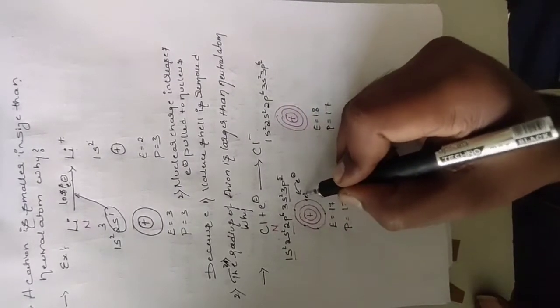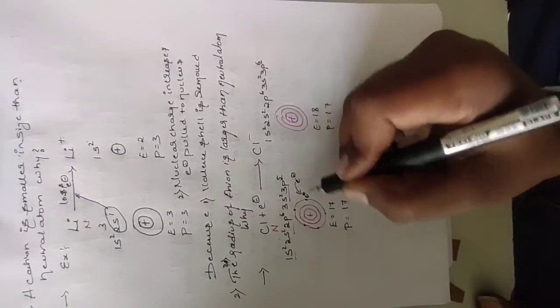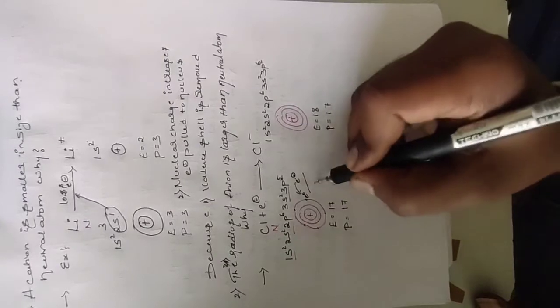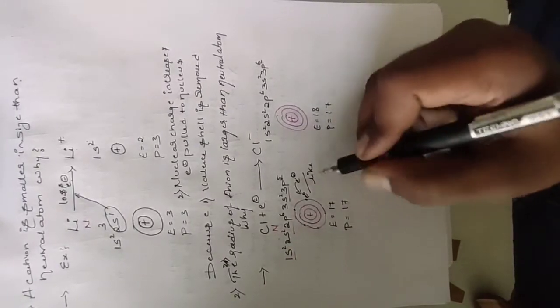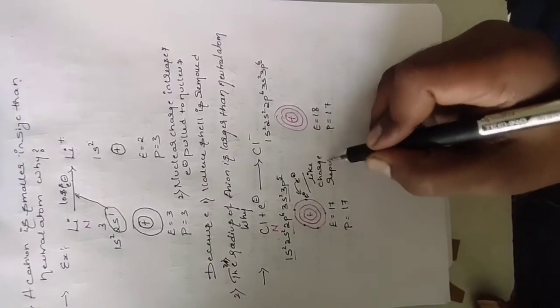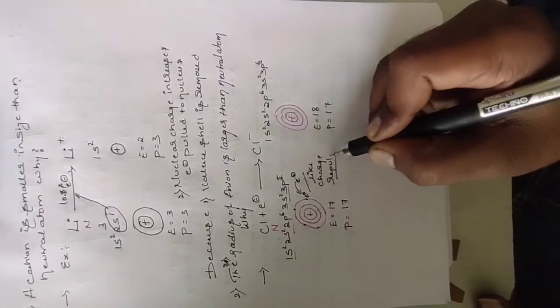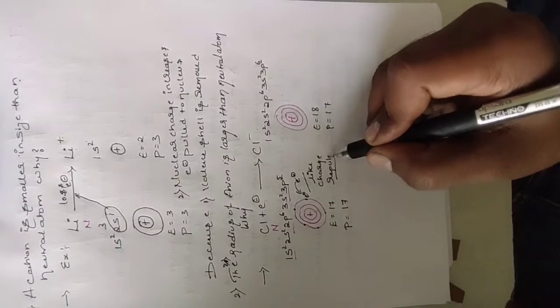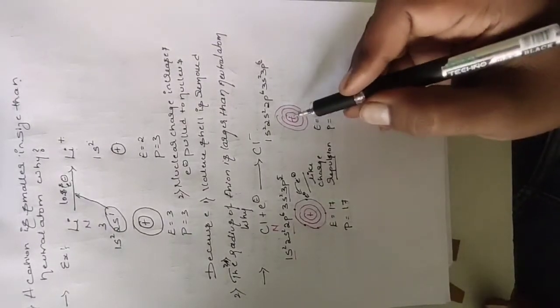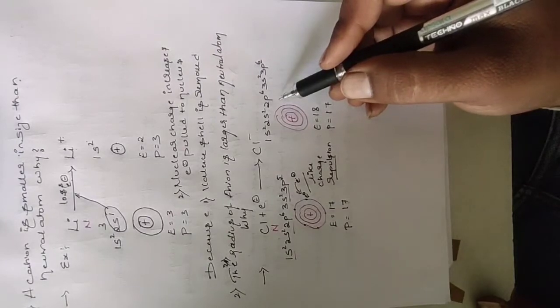The electrons, because both are negative charges, like charges will repel. Correct? Like charges repel. Okay, repulsion, or we'll say repel also. Okay, if the electrons increase, what happens?